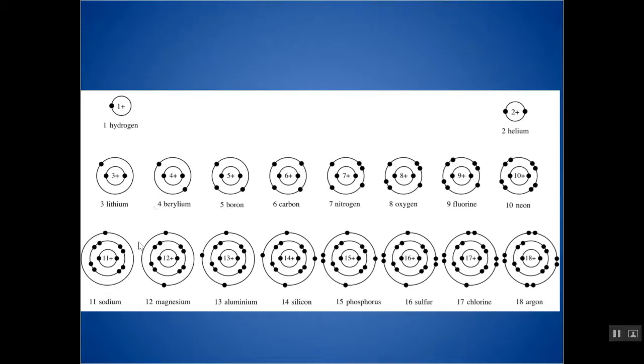So it's really important in these trends. If I'm looking down a group, as we had said before, down a group does not change effective nuclear charge. You've added more protons, but you've also added another shielding shell, so it cancels out, so that you have the same effective nuclear charge down a group. So you don't want to use effective nuclear charge as an argument down a group, but look at the shells. Hydrogen has only one shell, lithium has 2 shells, sodium has 3 shells.